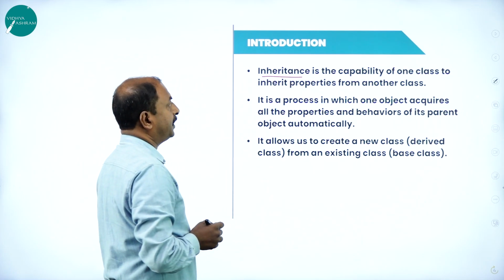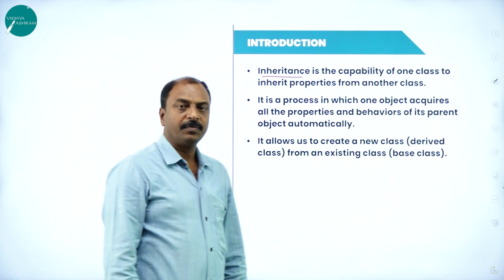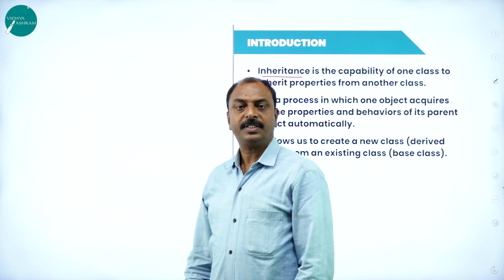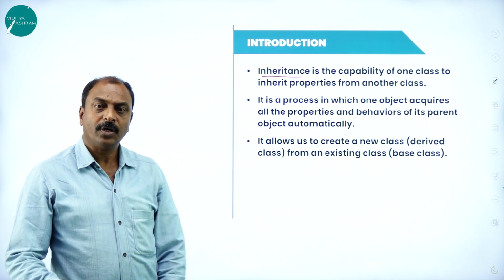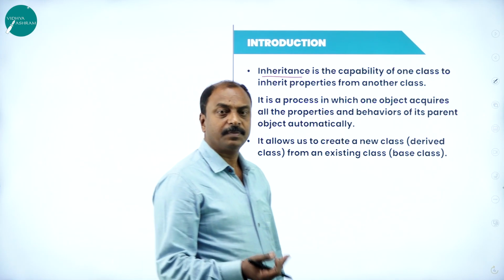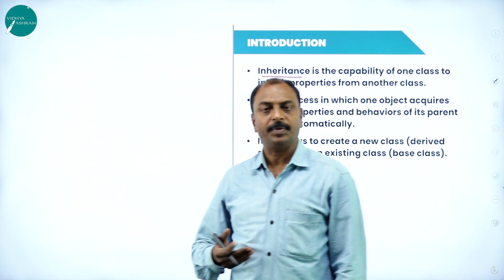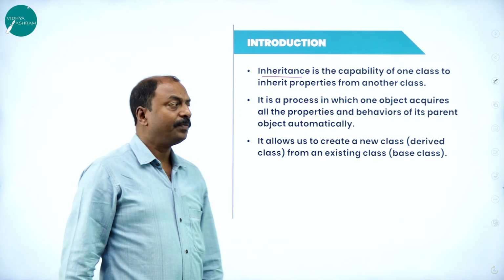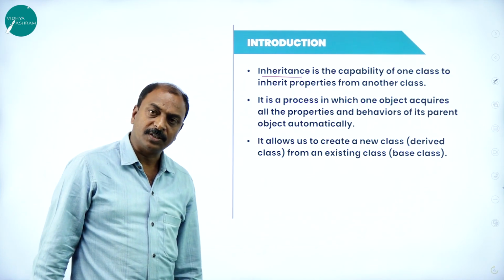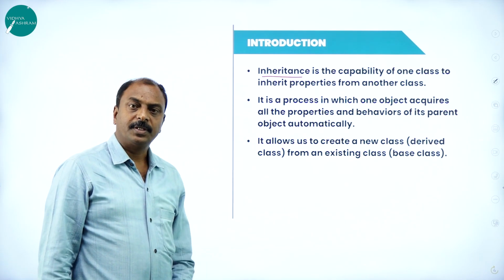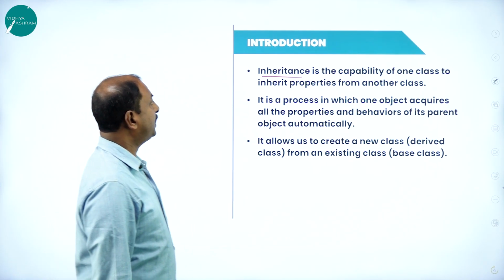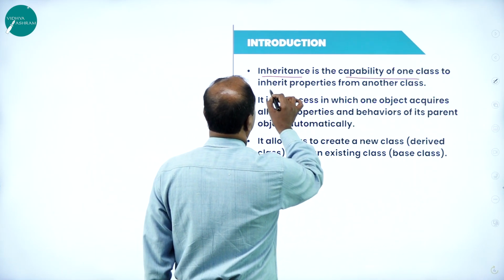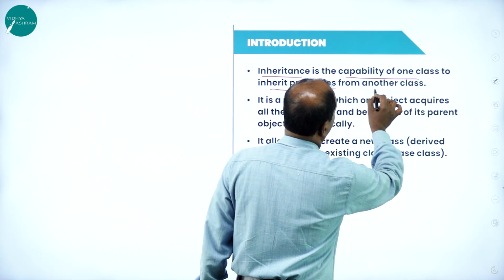So, what is inheritance? All of you are familiar with the word inheritance, that is biological inheritance. We say you resemble your mother, father, brother, sister. That is biological inheritance. Now, with respect to the programming concept, inheritance is the capability of one class to inherit properties from another class.